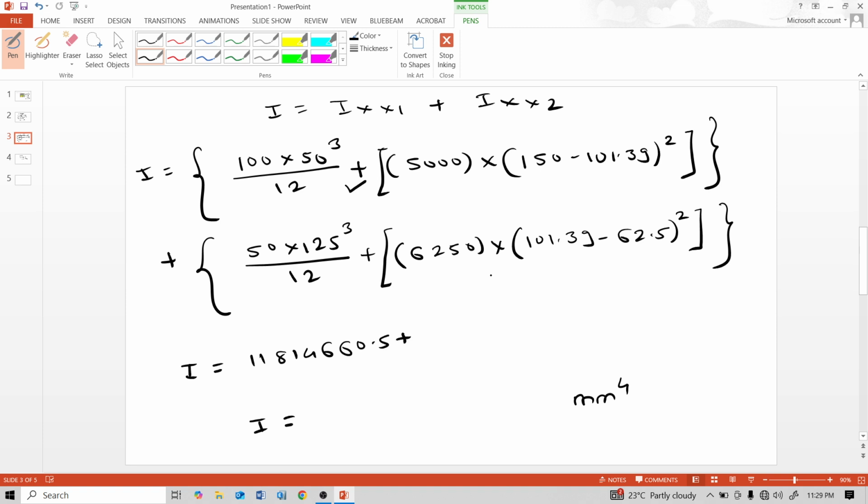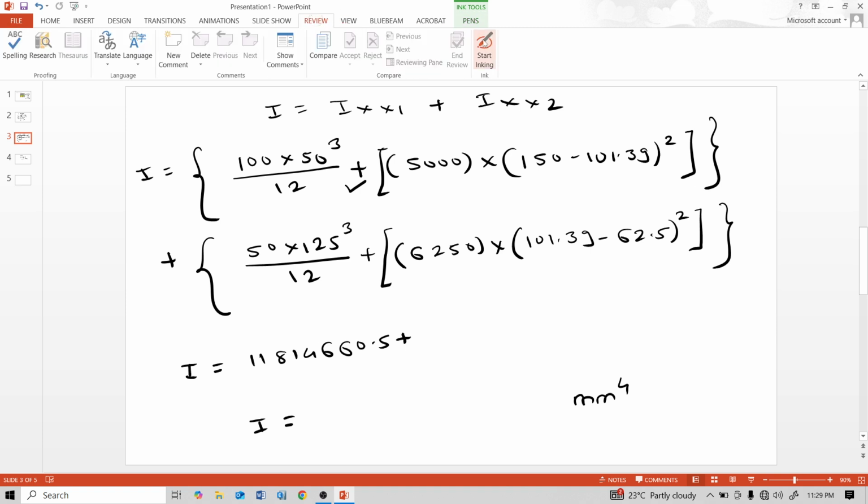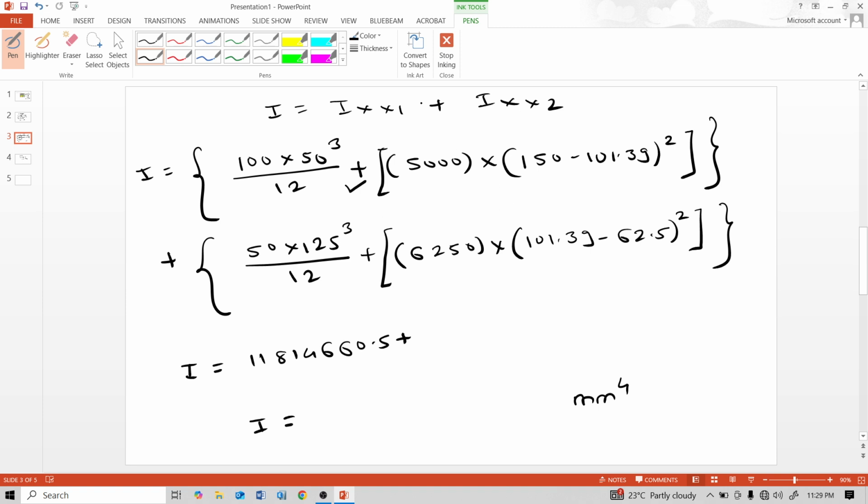Plus 100 into 50 cube by 12, which is 1041666.66, plus this term 11814660.5. This total is 12.86 into 10 raised to 6.